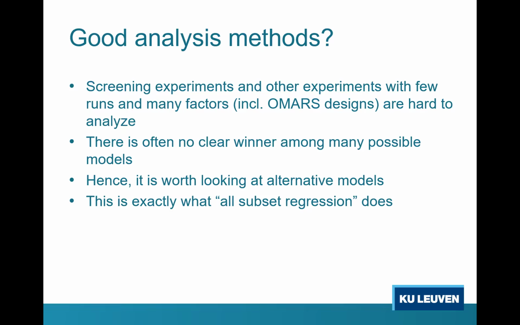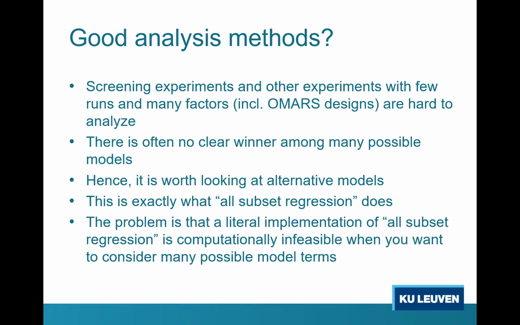It means you're going to build all models with one term, all models with two terms, all models with three terms, and so on. And you're going to compare all these models in terms of multiple goodness of fit criteria, as we call them, to quantify the quality of your models.